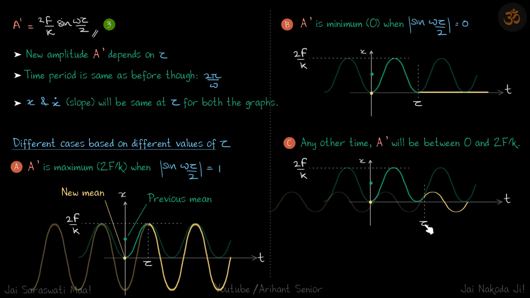And if the force stops to exist at some random point tau, then if you draw the slope similar to the original slope, the resulting amplitude will be less than the maximum amplitude of 2F by k, and the particle will start performing SHM like this. In all three cases, the mean position of the new SHM is still this, and the mean position of the old SHM is still this. So the graph will be like this. All right.